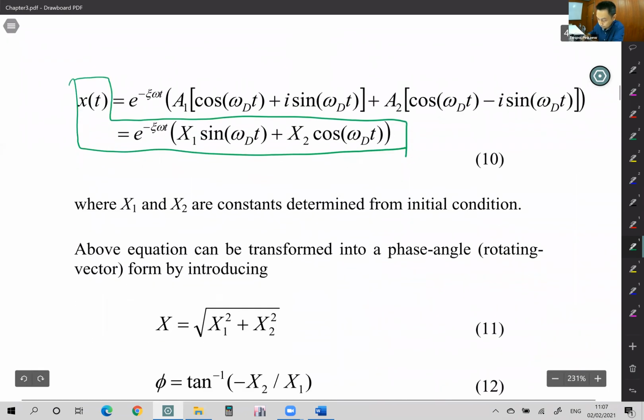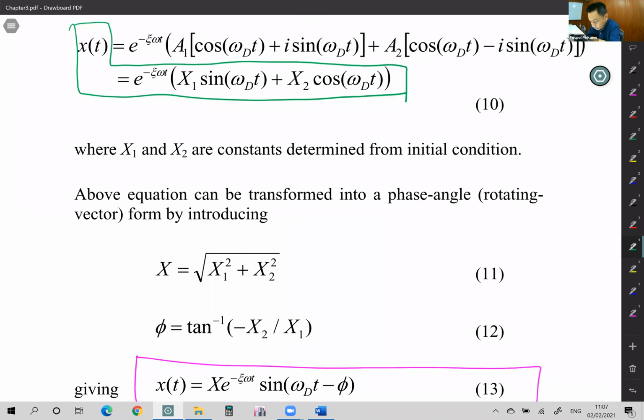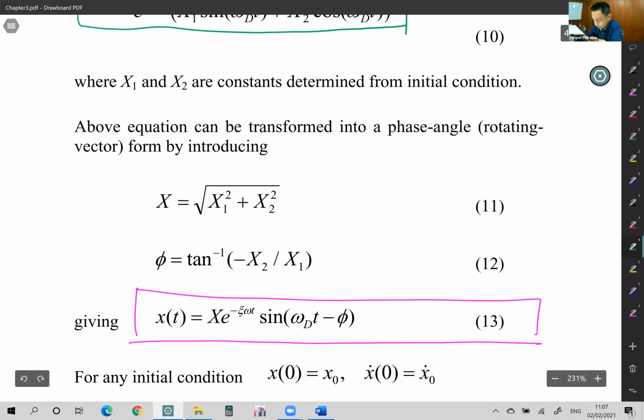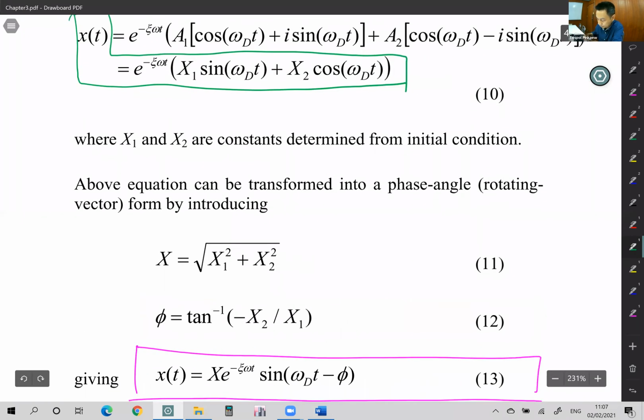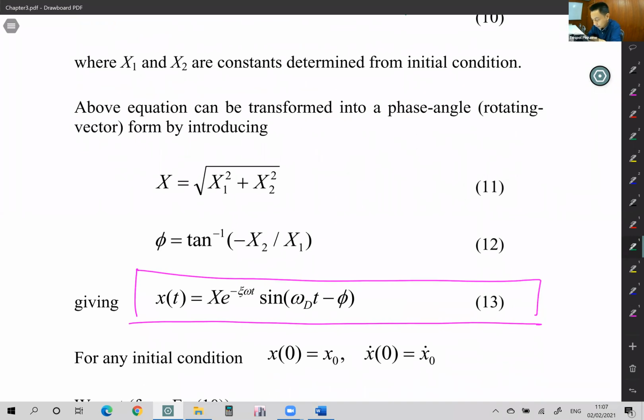Okay? And if you do not prefer the form of equation 10, some textbooks prefer what they call the phase angle form. They replace equation 10 by equation number 13 by introducing the big X and the phase angle as in equations 11 and 12, and you obtain a very compact form as in equation number 13 as a solution.